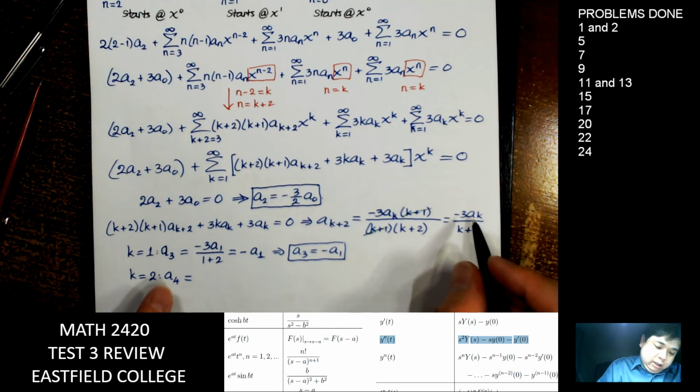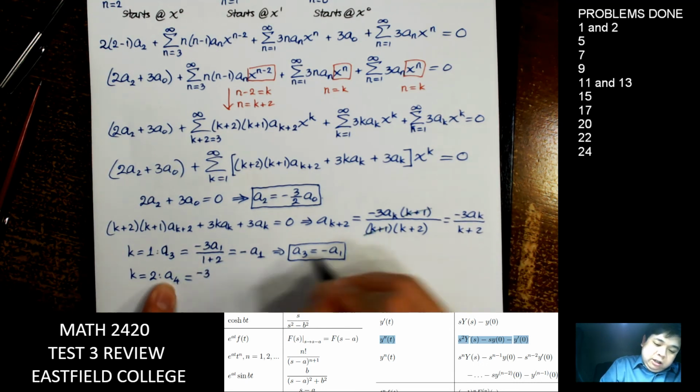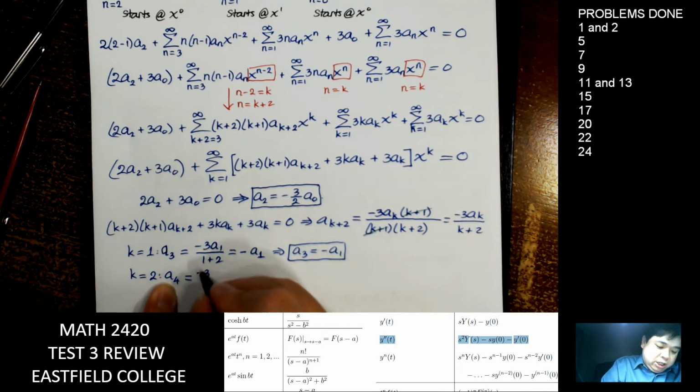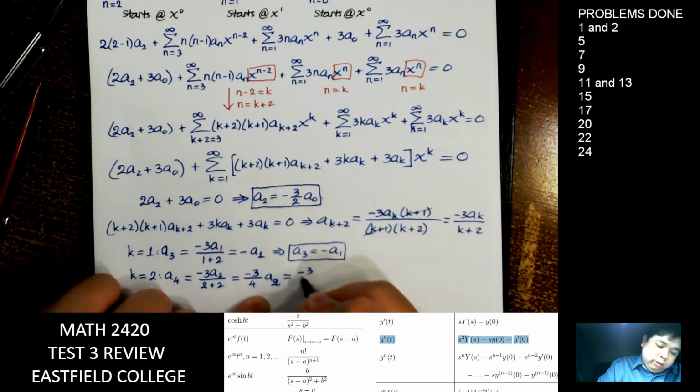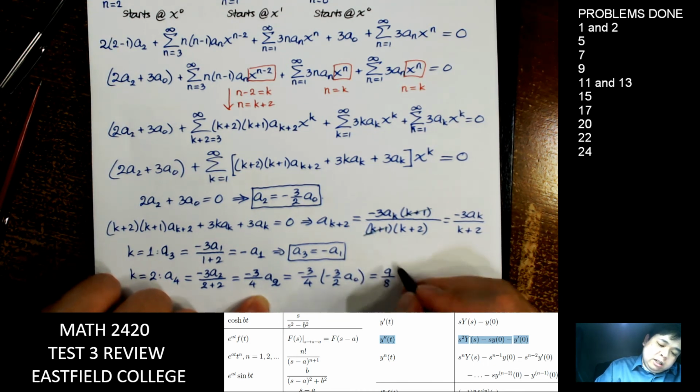a4 equal to negative 3. If we put 2 in for k, 2 here, so that's 4, and 2 here, so a2, and 2 plus 2, negative 3 over 4, a naught, sorry, a2, and a2 is this, so negative 3 over 4 times negative 3 over 2 a naught, so it will be 9 over 8 a naught.